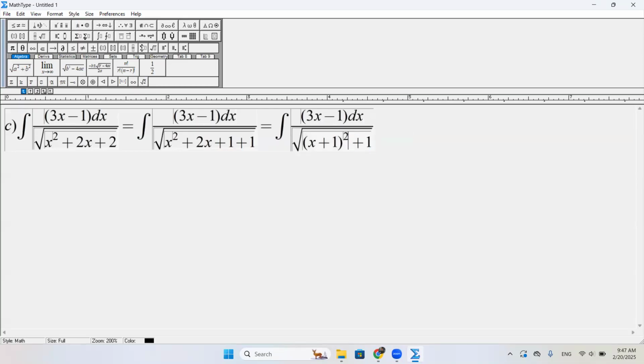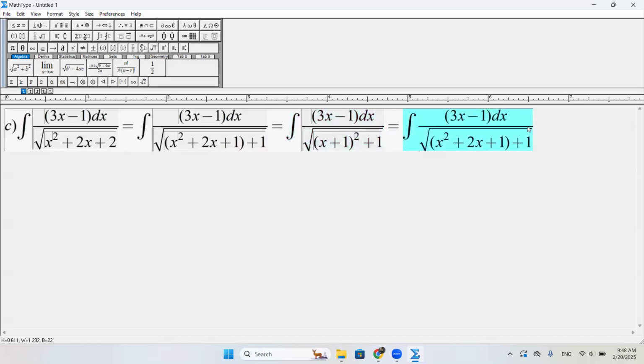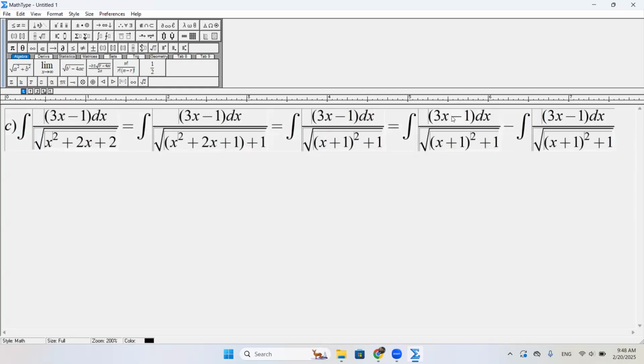Now let's expand the numerator. If we do it, what will we receive? 3x dx here, and here just dx.